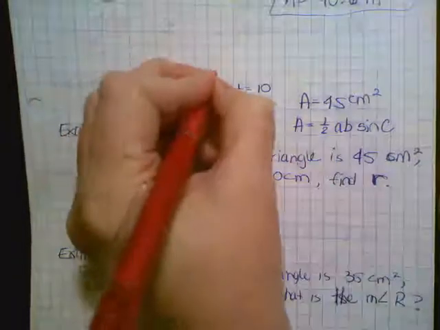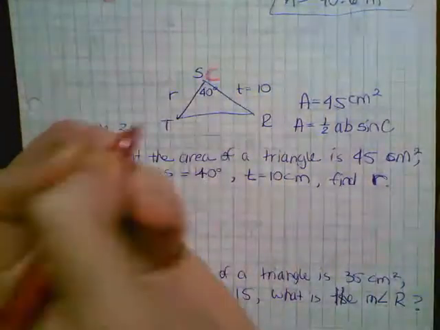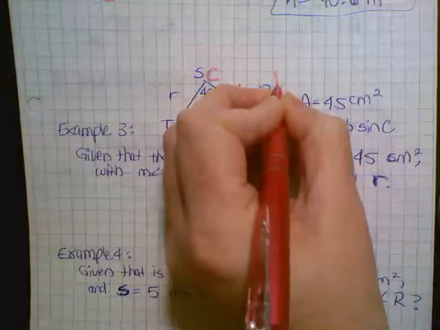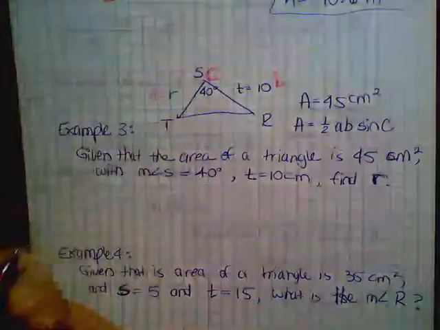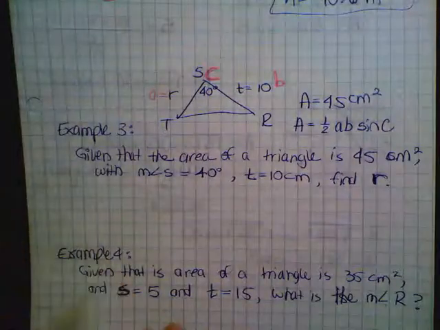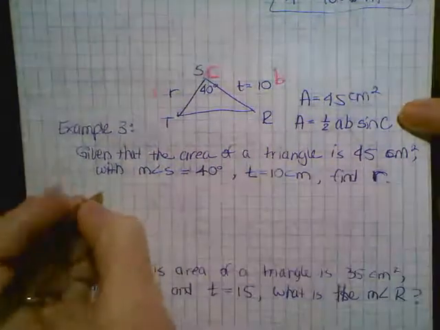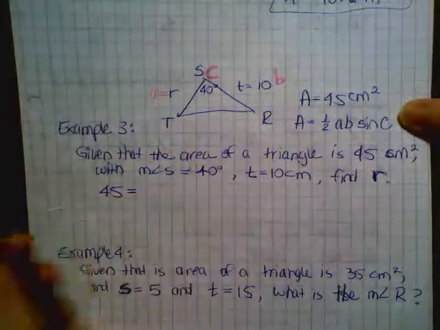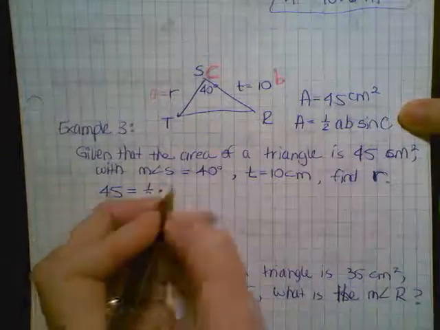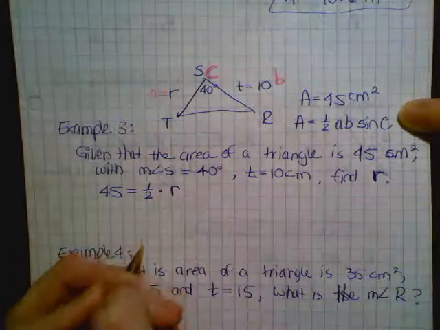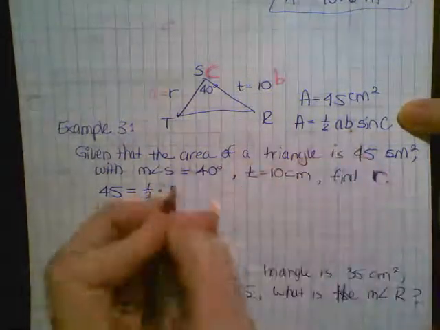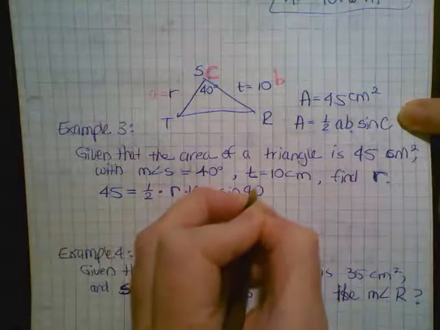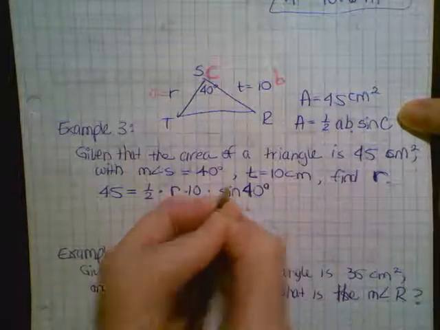So again, I'm going to make S into C. So T can be B, let's say, and that way A would be R. So instead of plugging in and solving for area, I have the area. 45 is equal to 1/2 times R, which is what I'm solving for, times B is 10 times sine of 40 degrees.